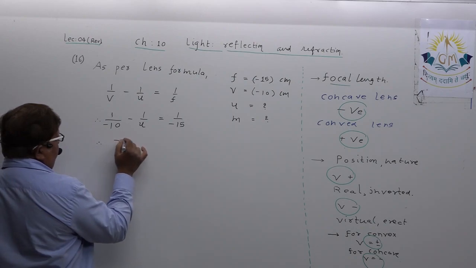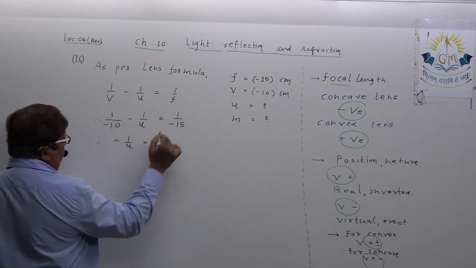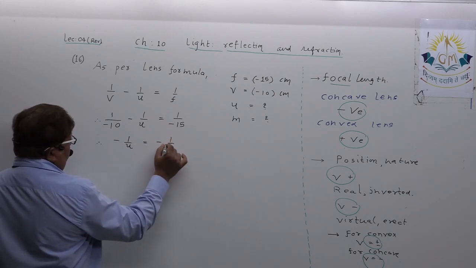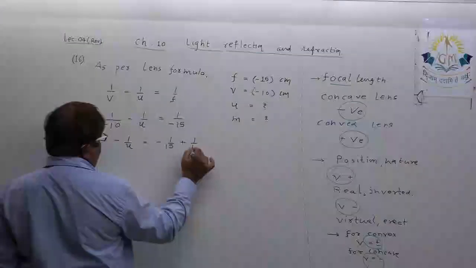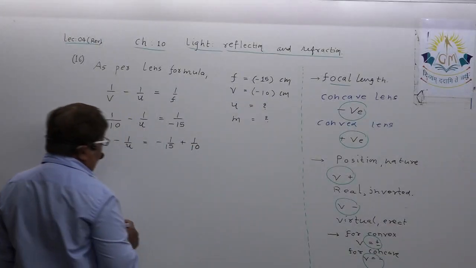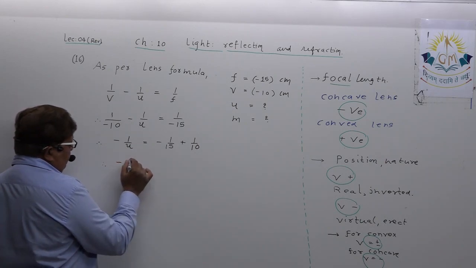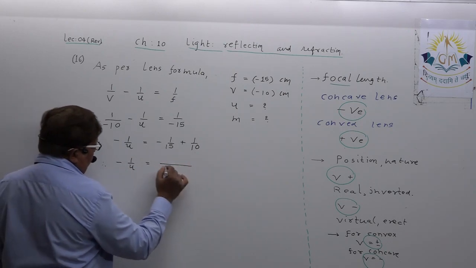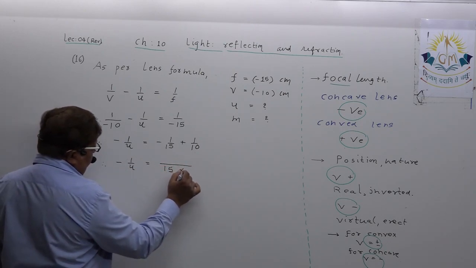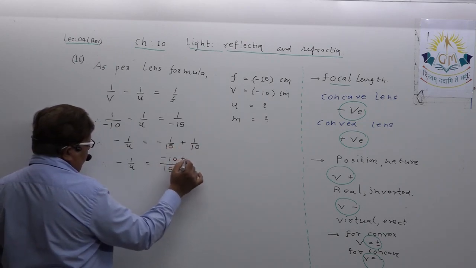Let us transfer: minus 1 upon U equal to minus 1 upon 15 plus 1 upon 10. Okay. Now just take LCM. 15 into 10. Just the cross of this.